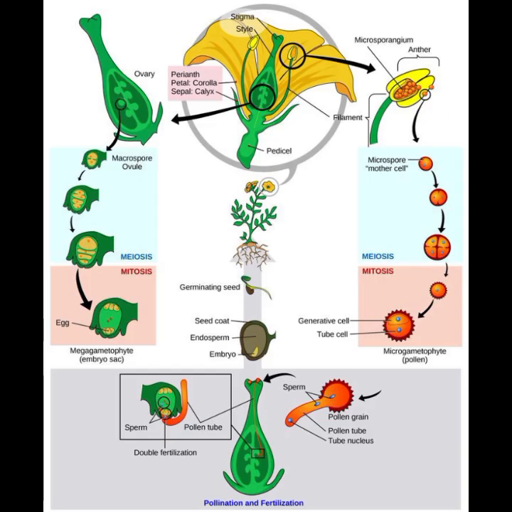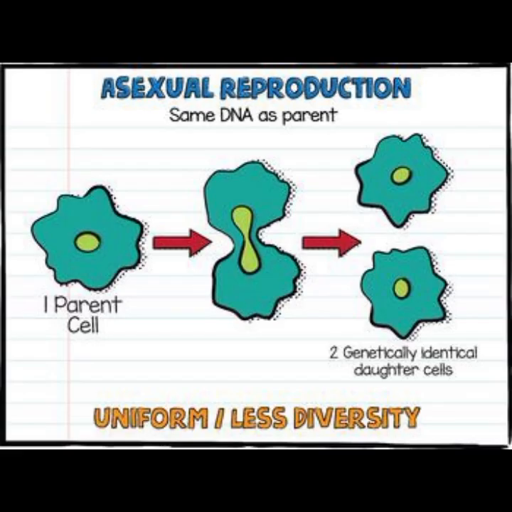The fertilization in plants includes 1. Pollen grain germinates. 2. Pollen tube grows to the ovary. 3. Fusion of male and female gametes. 4. Seed and fruit formation.